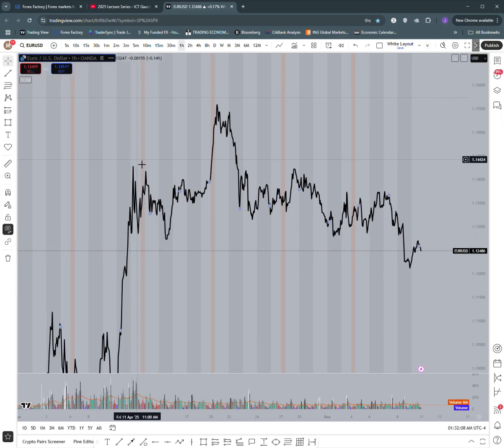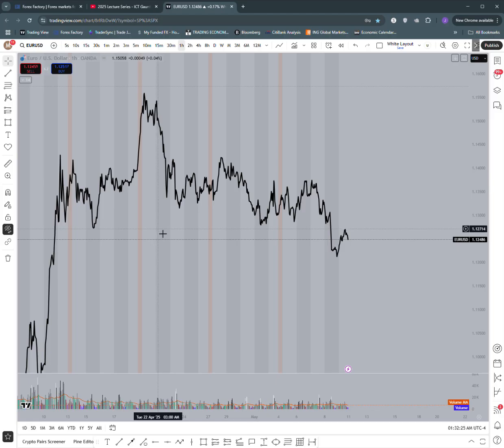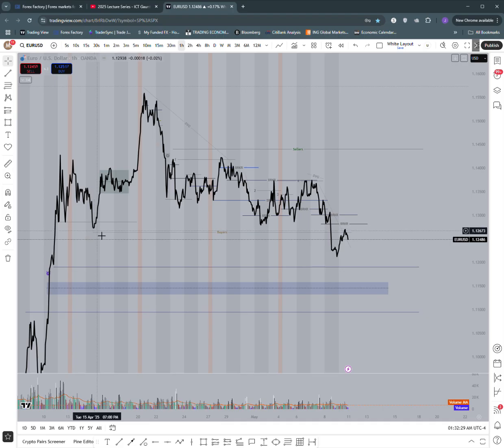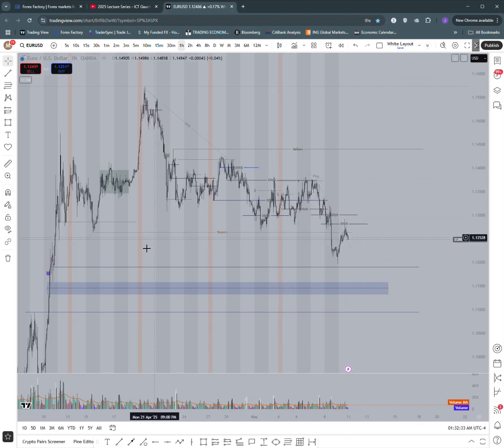High, lower low, higher high, lower low, high, low, lower low, boom. And then we break it. So yeah, this would be a breaker. Boom. So this one. And we get a bounce off that because with the candle chart, boom, boom, boom, right here.